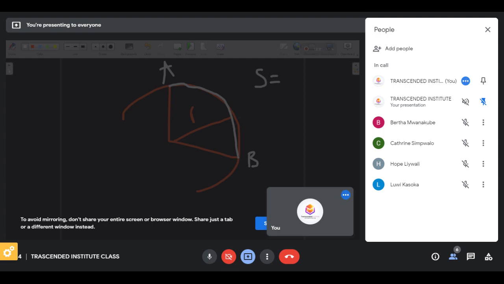It's like now the string. If you were to cut, let's say you've made a circle using a rope, then you cut that point and hold it in a straight line so that it comes out straight.